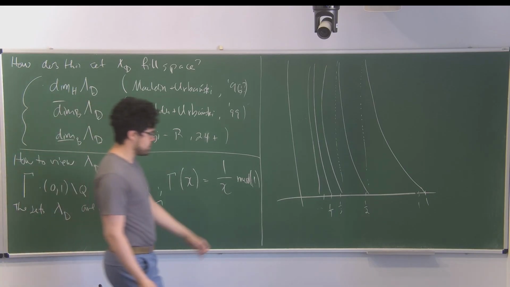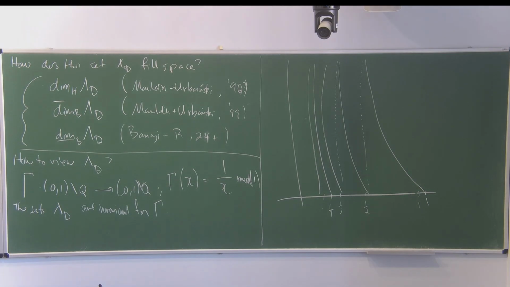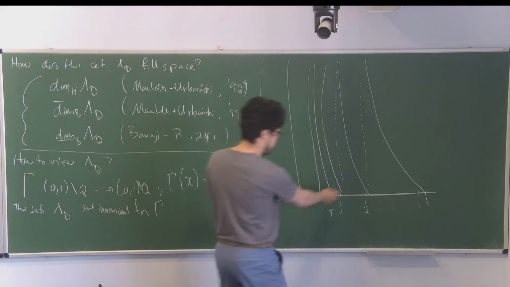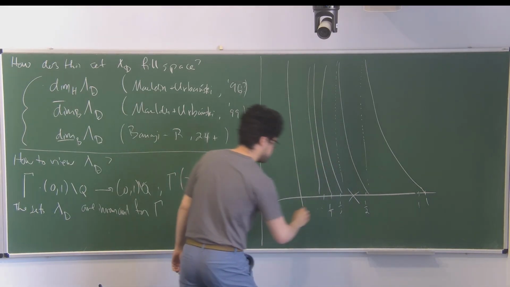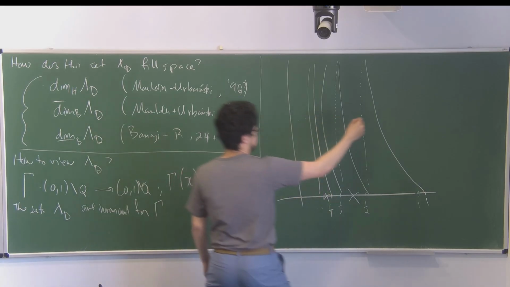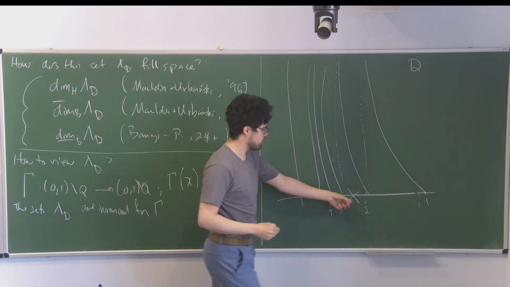And how can they be understood? Well, the sets lambda sub d, one way to think about them, if you really like dynamics, is to imagine that we just put some holes in the domain here. We omit some of these branches. So we fix our digit set D, and we ask, which of these intervals corresponds to a digit not in D?